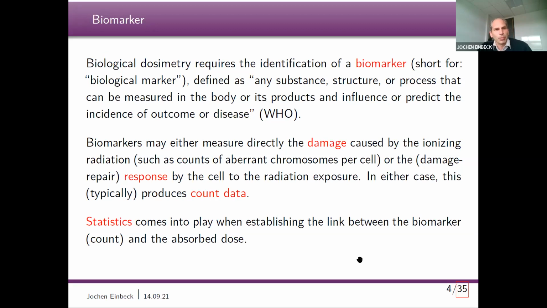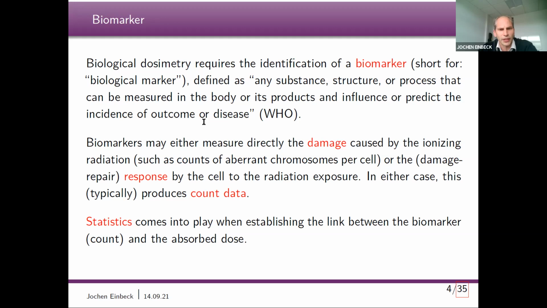Biological dosimetry needs a biomarker, short for biological marker, which you can define as any substance, structure, or process that can be measured in the body or its products, and which influences or predicts the incidence or outcome of disease. Biomarkers may typically do one of two things or a combination of those. They may measure directly the damage caused by the radiation inside the human body.